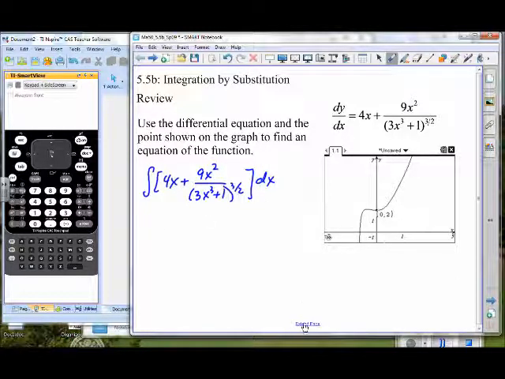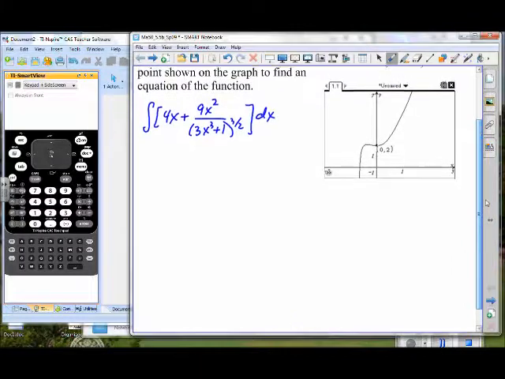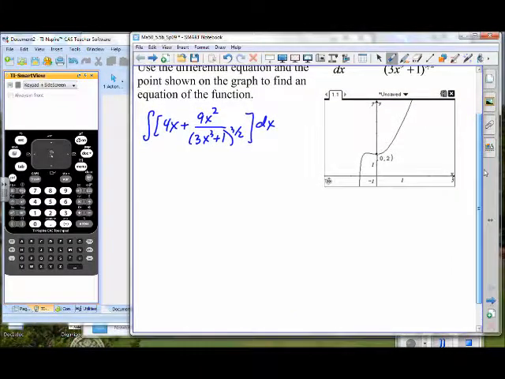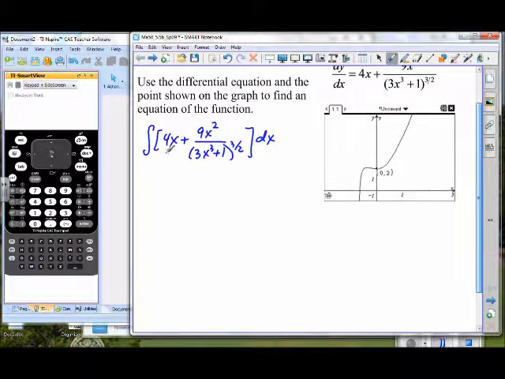Now the first thing that we need to do is to consider what is the composite function. In substitution, there's always going to be a composite function to look at. The other thing to consider is that this is the indefinite integral of two functions, so I'm going to start by breaking this apart.